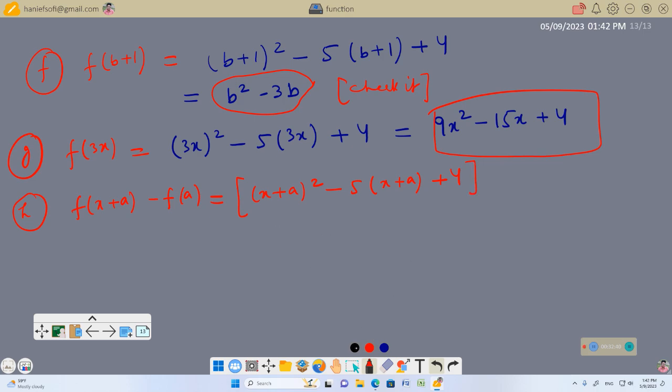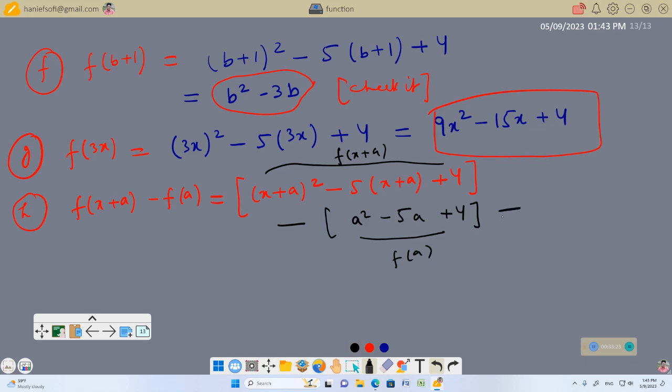Then I have to subtract f of a, which is a square minus 5a plus 4. This whole thing is my f of a. So it is f of x plus a minus f of a, right? When you simplify it, I will write directly. You will check it at your home.